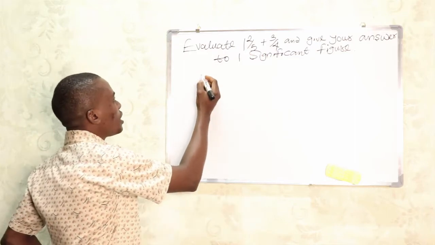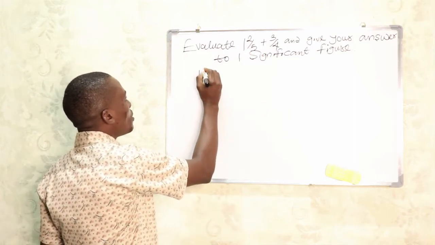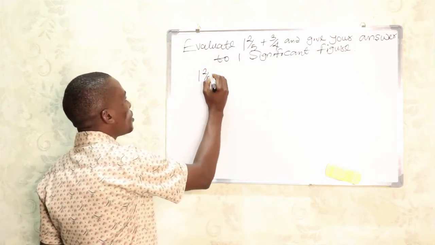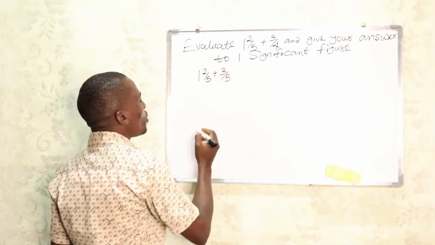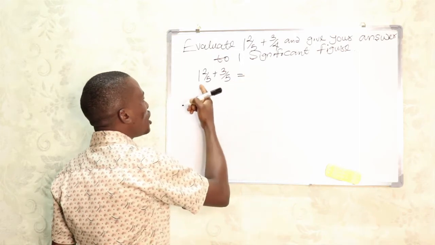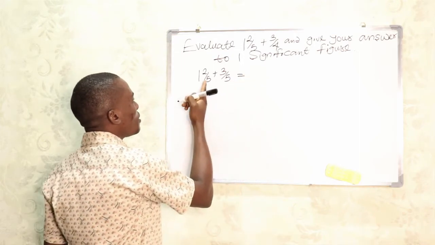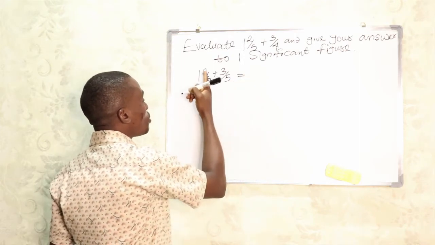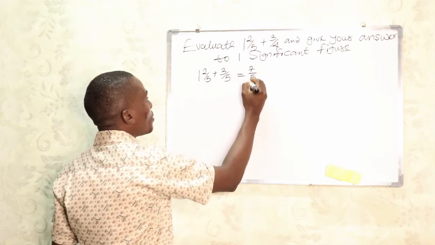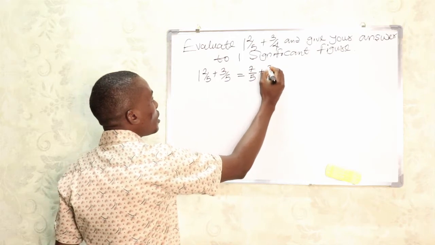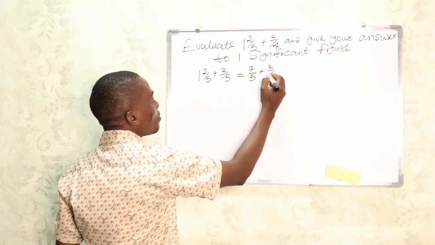Now, given these 2 values, we have 1 whole number 2 over 5 plus 3 whole number 3 over 4. How do we go about solving this? You change this to a fraction. That will give you 5 times 1, which is 5, plus 2. That will give you 7 over 5 plus 3 over 4.